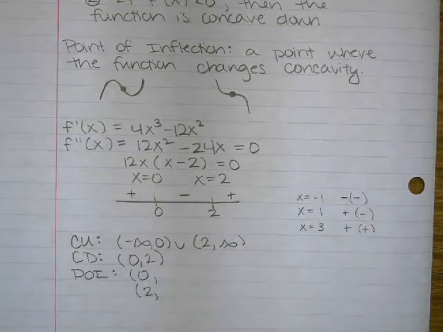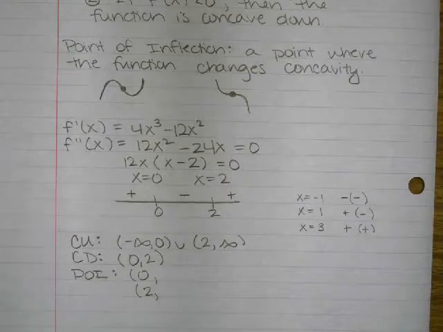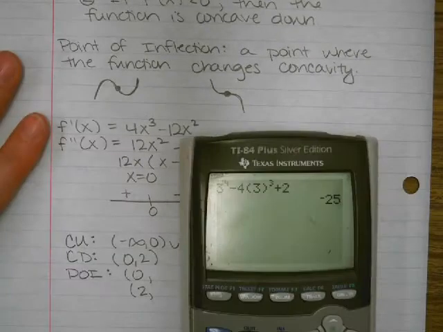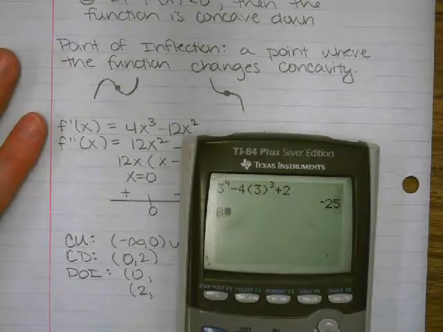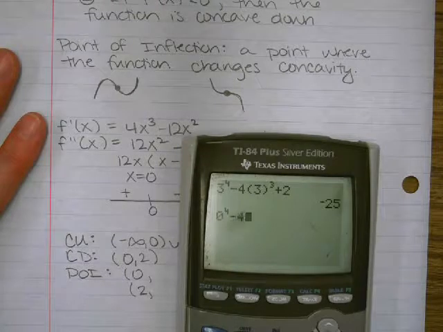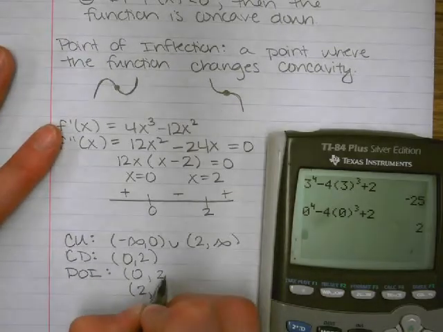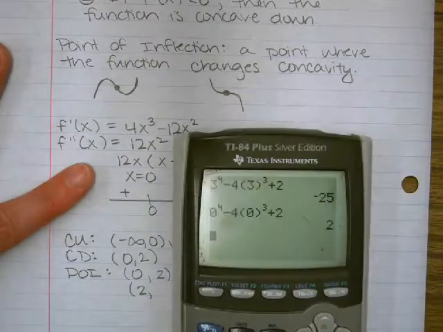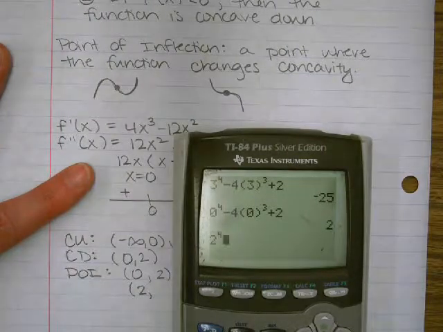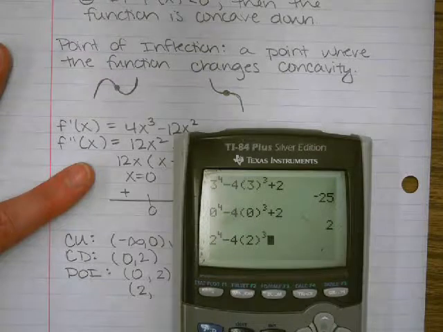So if we want to know what the y-coordinates are for those points, we do have to go back to the original function and plug 0 in and plug 2 in. So 0 to the 4th minus 4 times 0 to the 3rd plus 2. And then 2 to the 4th minus 4 times 2 to the 3rd plus 2.